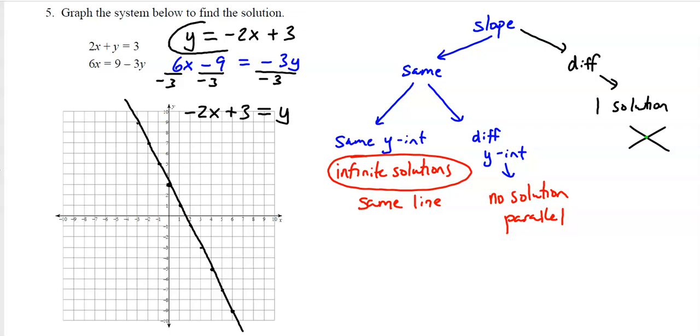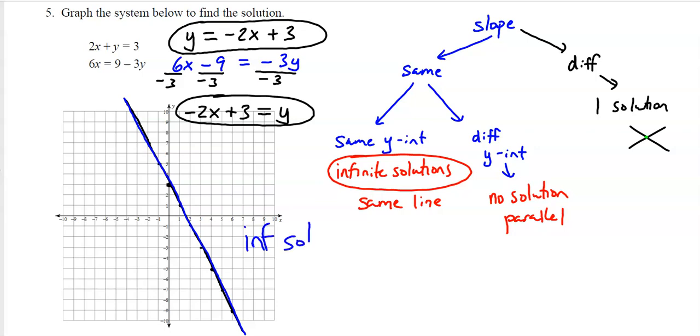So, whoa, wait a minute. Same slope, same intercept. So when I graph this line, it should be right on top of itself. Hold up. So this is an infinite solutions scenario.